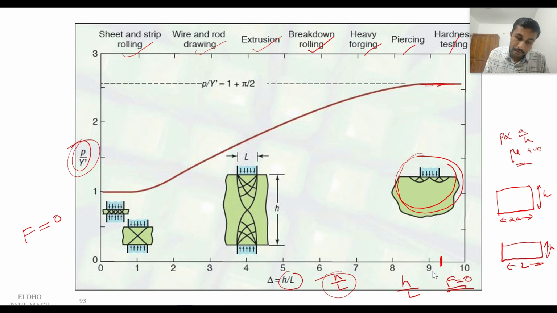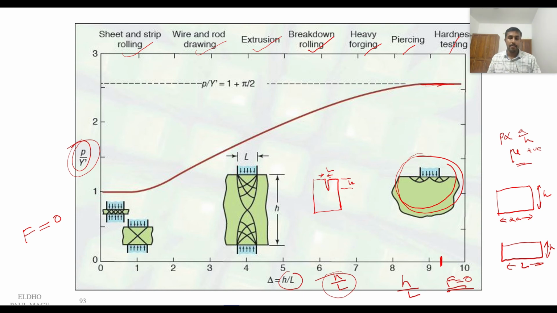In case of hardness testing, you can see, this is the height S, but this is L. The previous figure was bulk deformation.